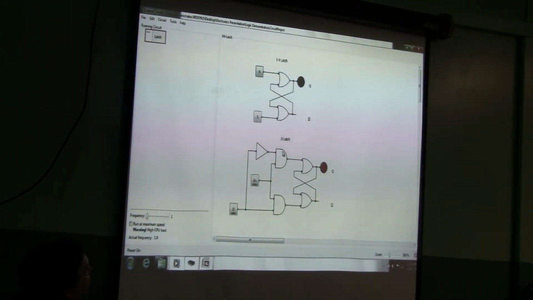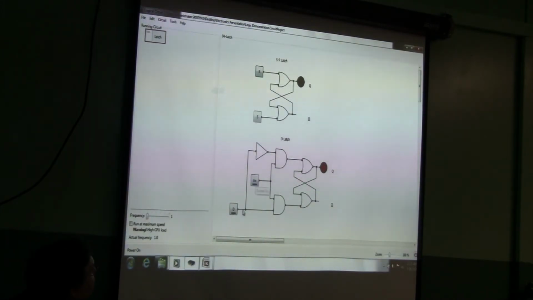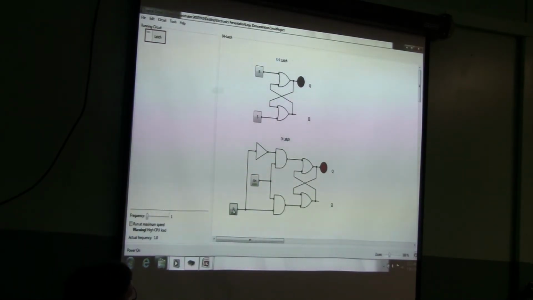I can wire up these AND gates on the input and this inverter so that I'm doing set and reset with a single button, but I have an enable to either make it work or make it ignore the input. So let's enable it. Now the output is off. Now I disable it.